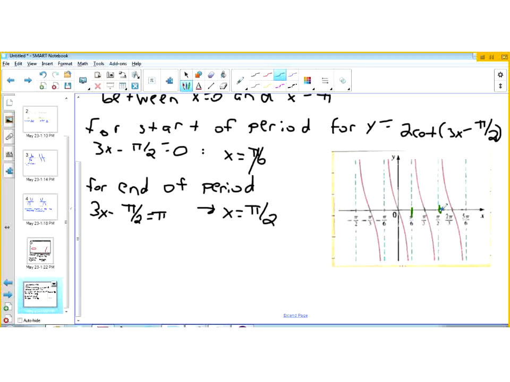So this would be the cotangent function shifted to the right by pi over 6, because that would be the shift. And then the period is pi thirds. Can we check that? Pi halves minus pi over 6 is pi thirds. So the period is no longer pi, it's now pi thirds.